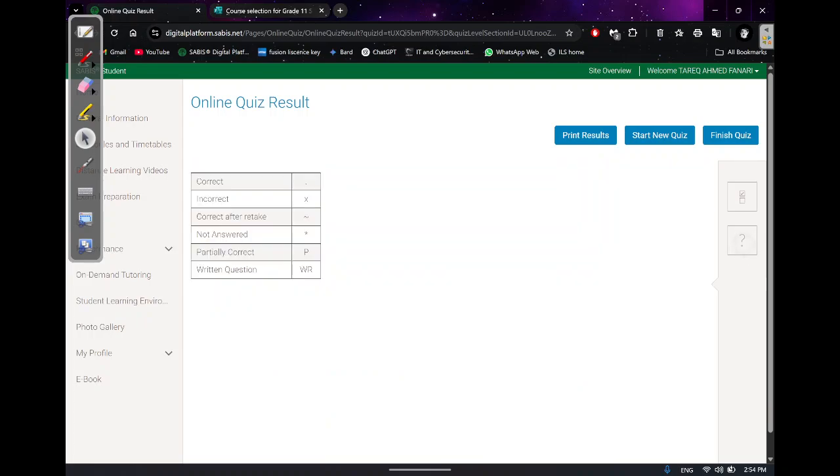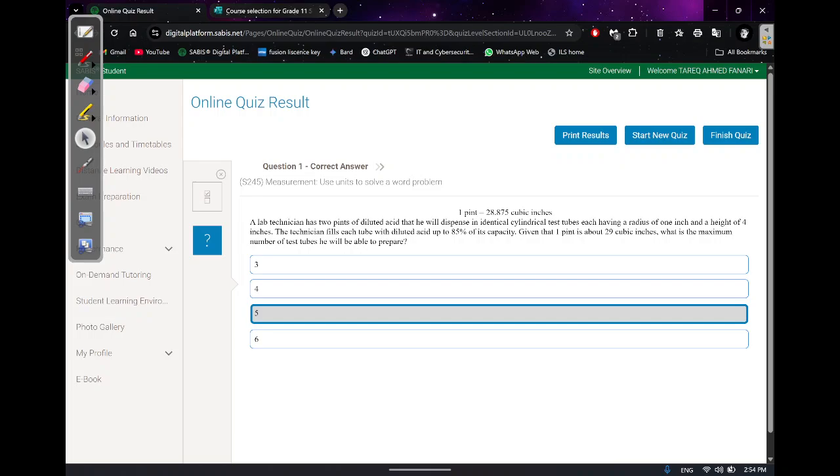Whatever. Okay, so question 1. 1 pint is 28.875 cubic inches. A lab technician has 2 pints of diluted acid that he will dispense in identical cylindrical test tubes, each having a radius of 1 inch and a height of 4 inches. First of all, what do we have? We have 2 pints.